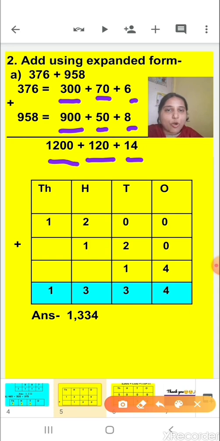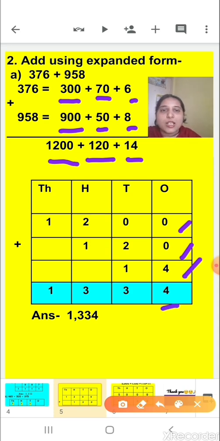So first we will draw a table where we will have different places like ones, tens, hundreds and thousands. Now accordingly we will place these numbers at their respective places and we will add from the extreme right, that is the digit at the ones place. So 0 plus 4, what we will get? 4 here.